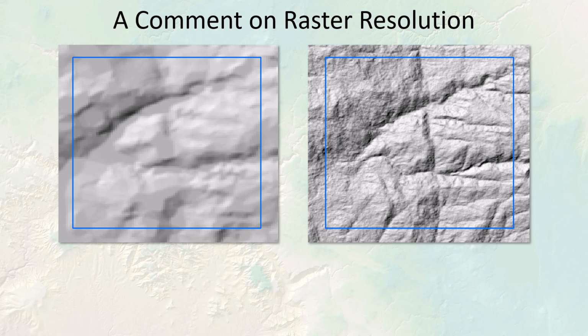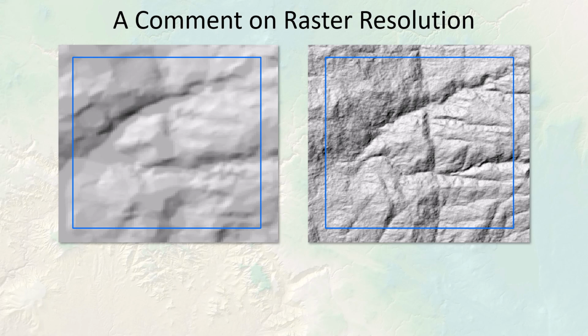Now this slide, I want to show you that just because we know a particular resolution, it implies higher precision or lower precision, but we can't always rely on that. This is an actual example of a DEM, a digital elevation model, where somebody was concerned because they had the image on the left, and it just didn't seem to have as much detail of the landscape as they were expecting.